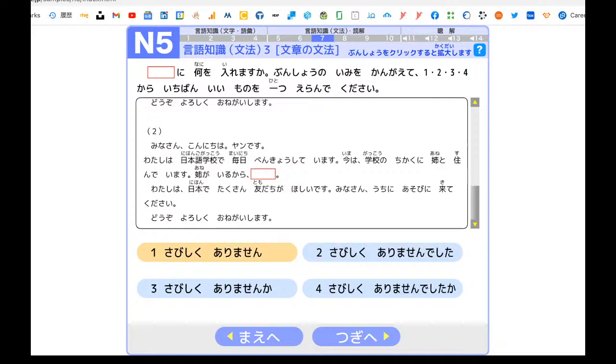In that sense, we need to find the clue of the time. Here, you find 今は学校の近くに姉と住んでいます。So Yan-san is talking about today, the present, and then says 姉がいるから, because I have my sister, and then the situation now, 寂しくありません. So it will be the first one.